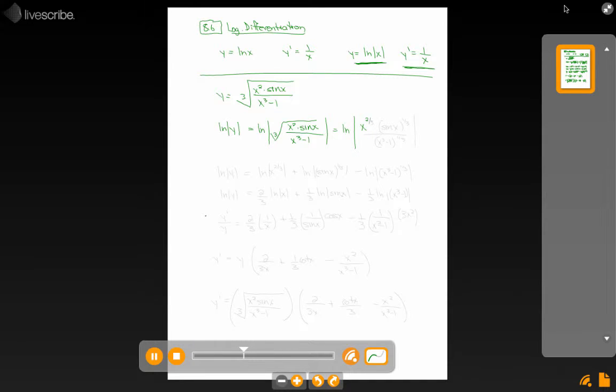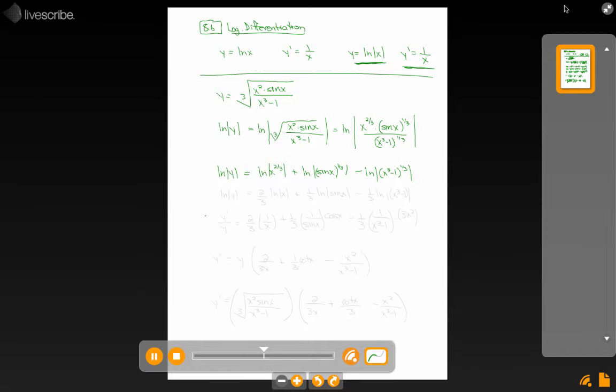So I'd have x to the 2/3 times sine x, in brackets, to the 1/3, over x cubed minus 1 to the 1/3. The reason it's worth doing that is I can now say ln y equals ln of x to the 2/3 plus the natural log of sine x to the 1/3 minus the natural log of x cubed minus 1 to the 1/3.